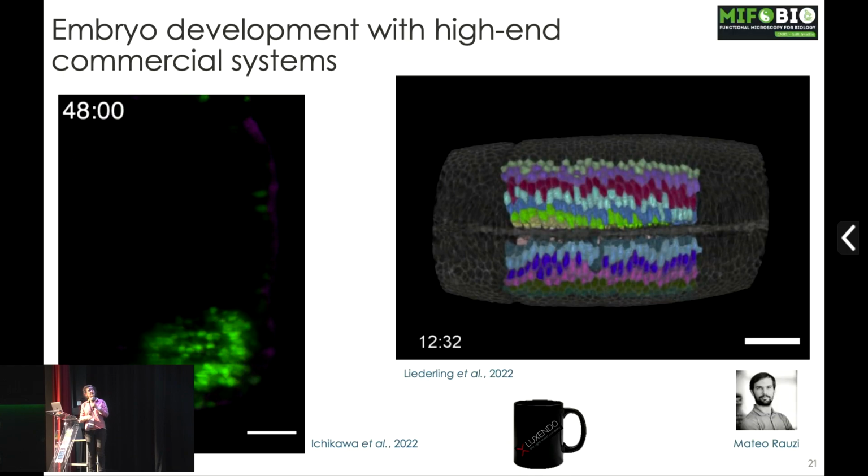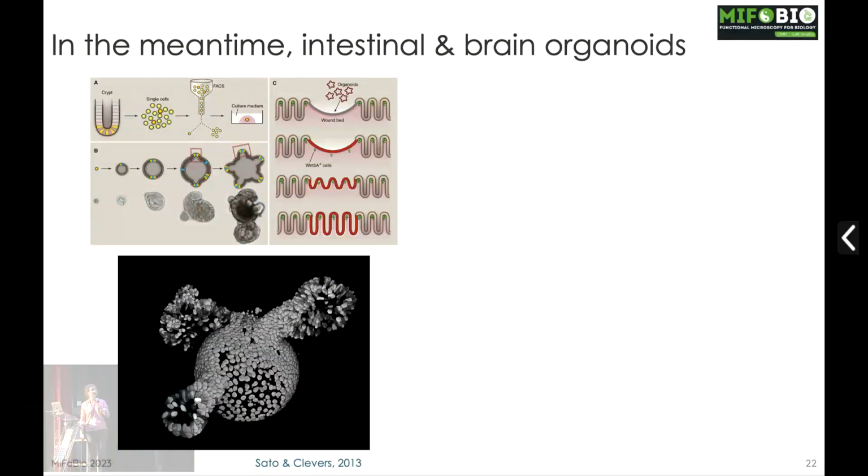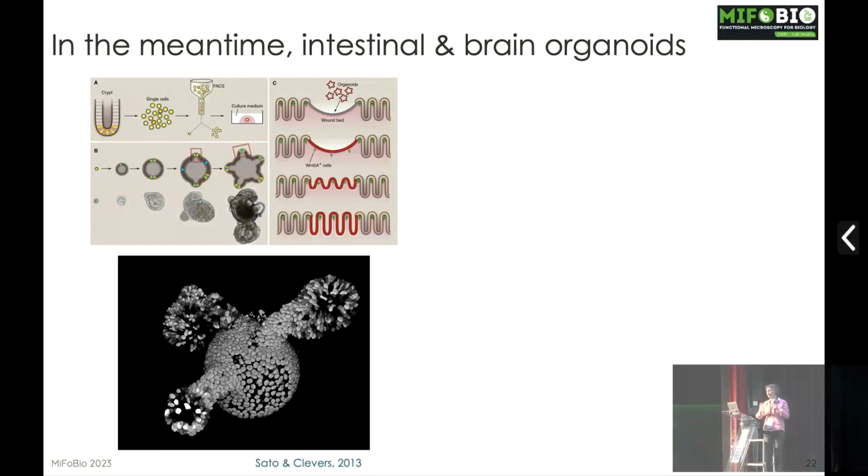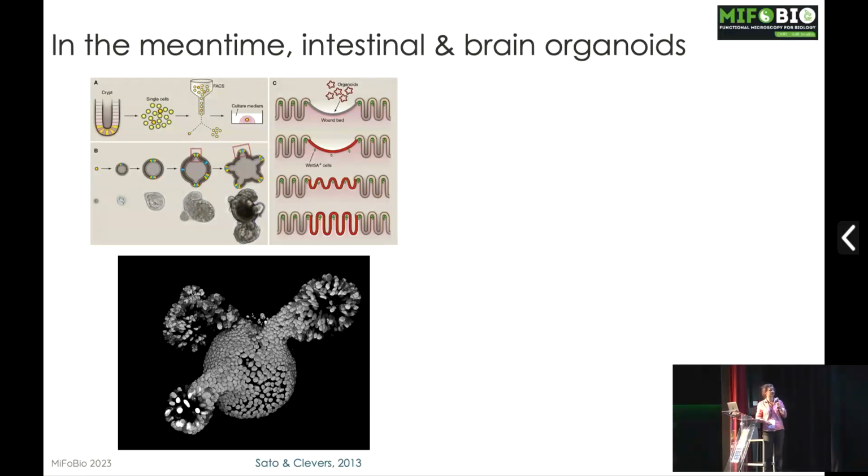So that was the embryo part, which is one category of 3D samples. And the other one is organoids. It started more or less, well, we can talk about semantics and history about that, but usually people agree on saying that it was an invention from Hans Clevers.